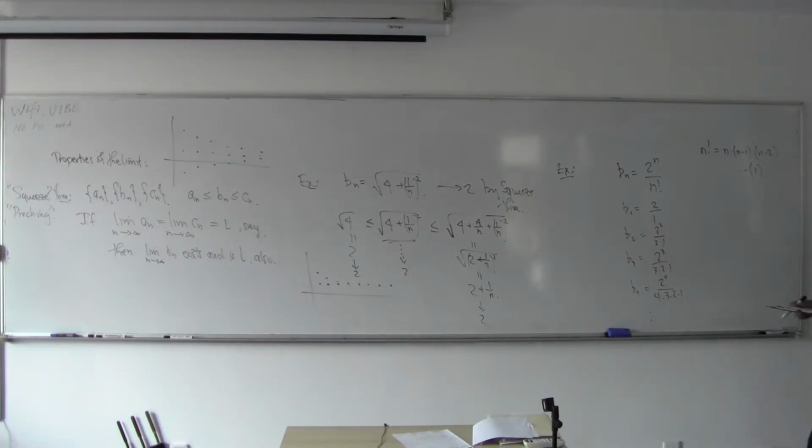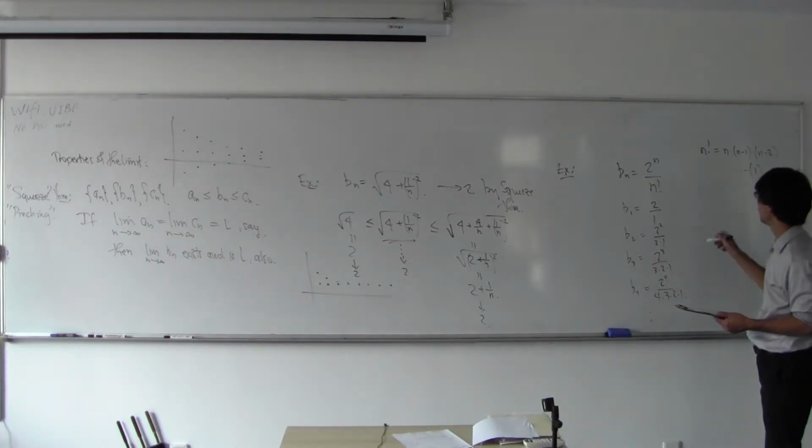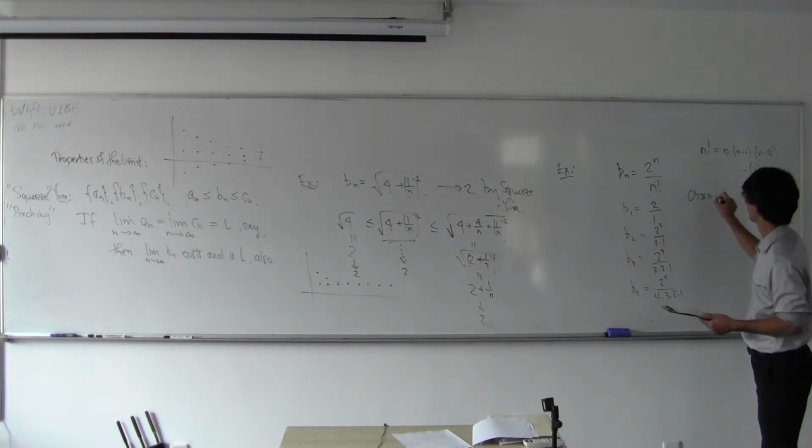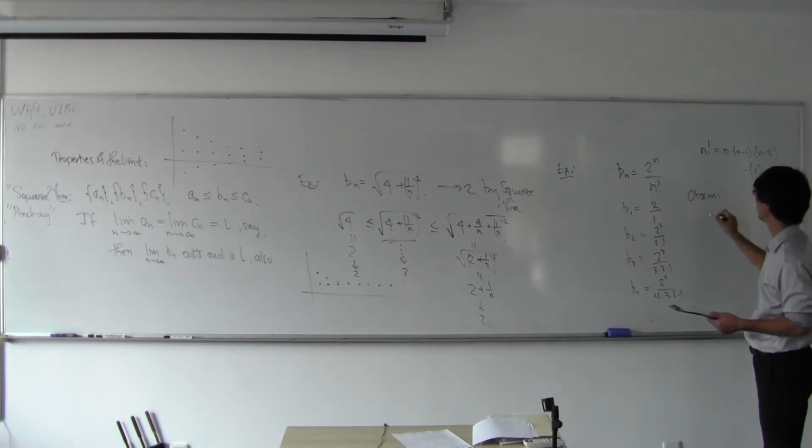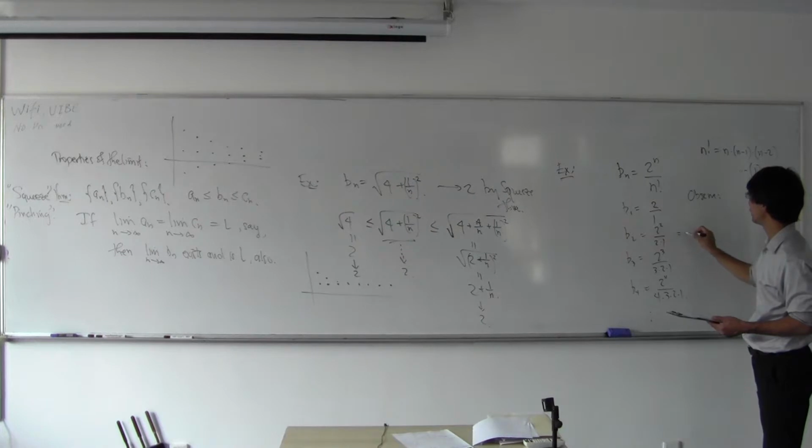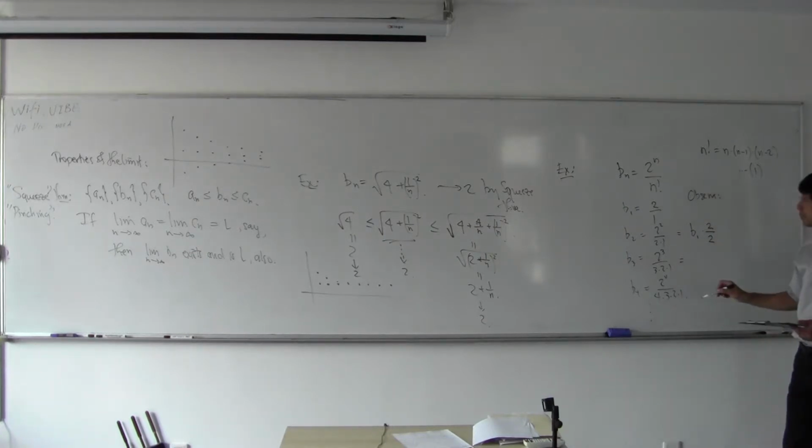Okay, so observe: b sub 2 is the same thing as b sub 1 times 2 over 2, right?